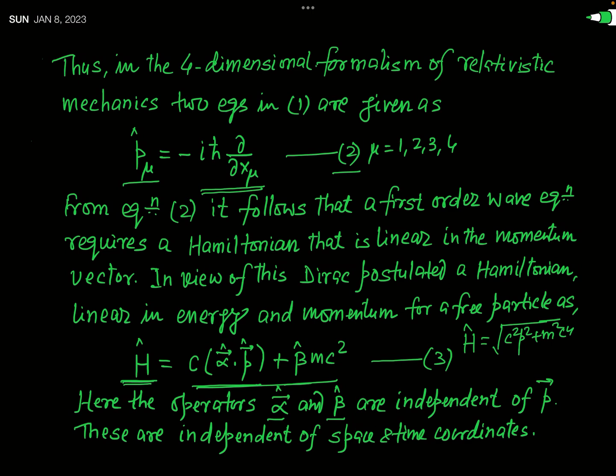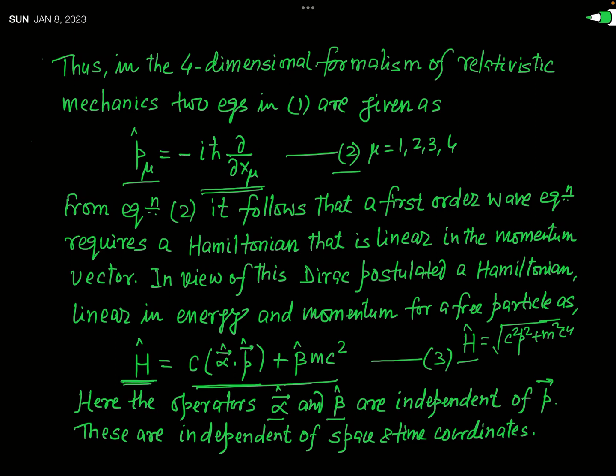And the problem was that in this case the Hamiltonian is not linearly dependent on p, and as it is not linearly dependent on p, you cannot find the first order wave equation. From this expression you can find the second order wave equation.